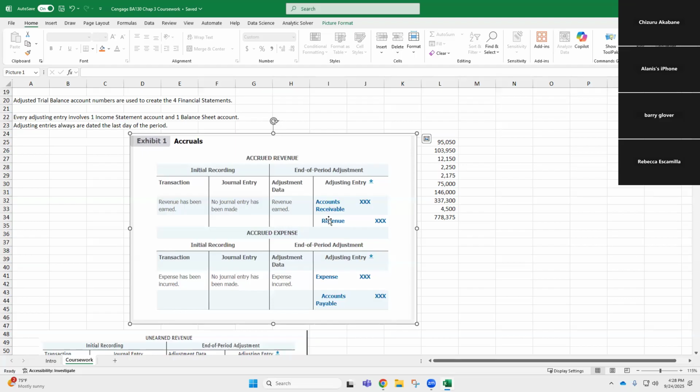So with those first two, there's no cash involved. We still want to recognize an expense even if we haven't paid for it yet, and we want to recognize revenue even if we haven't received the cash yet. So this is what they call accrual accounting. No, it's not cruel as in be mean. It's accrual accounting, right?